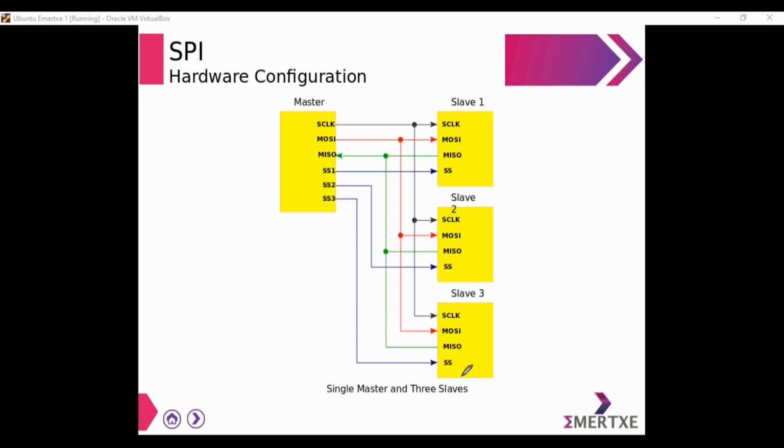Now, just to overcome the drawback of this kind of circuit, where the hardware configuration is very high, as the number of slaves increases, slave select lines also increase.